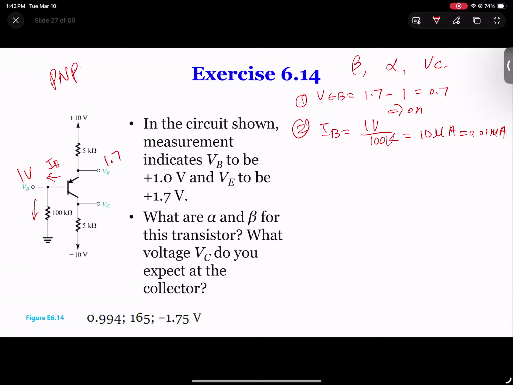But here you really have just a current, and the current flows from emitter to base and to ground through that 100K. So you find IE.